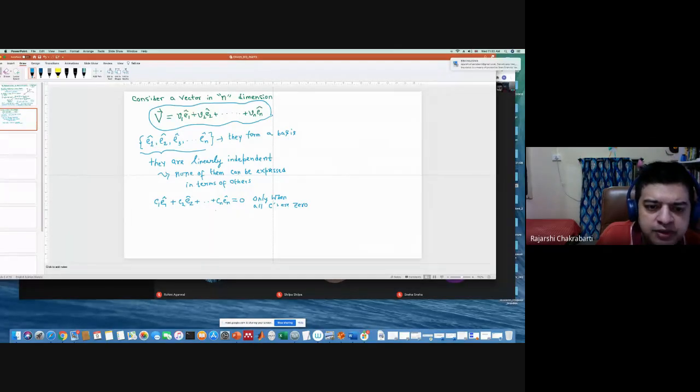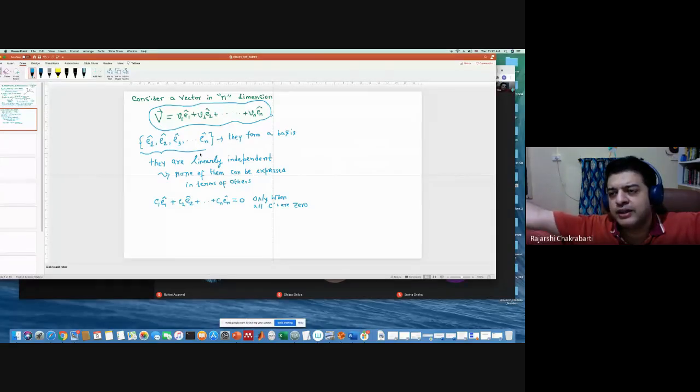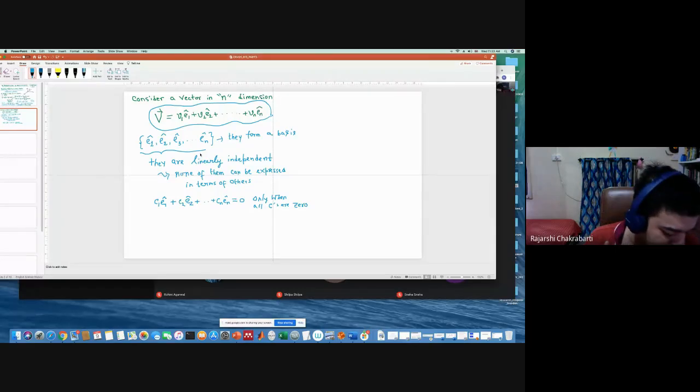This is important. Then only they are called linearly independent. I can take a linear combination of all these vectors, and the resultant is 0 only when all the coefficients are 0. So this is what is known as linearly independent vectors.